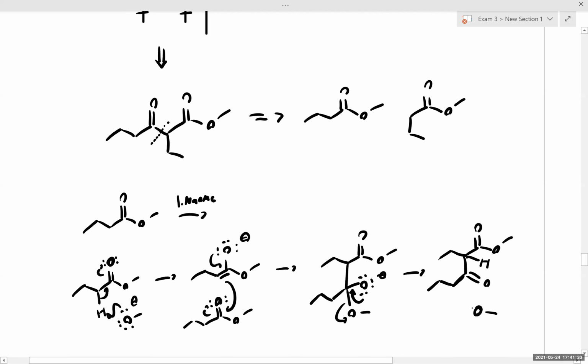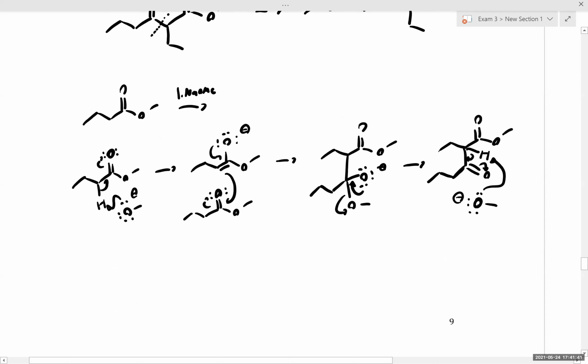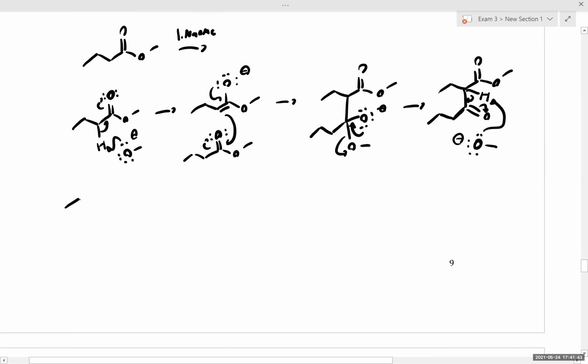So in order for this reaction to be product favored, at the end of our Claisen reaction, after we form the beta ketoester, we're going to deprotonate our beta ketoester. This enolate derivative is resistant to attack from nucleophiles and cannot undergo retro-Claisen.